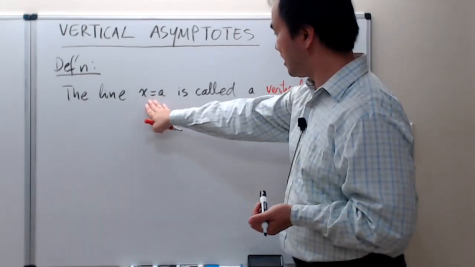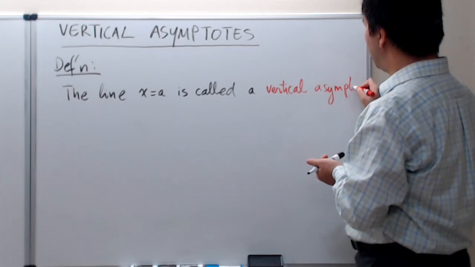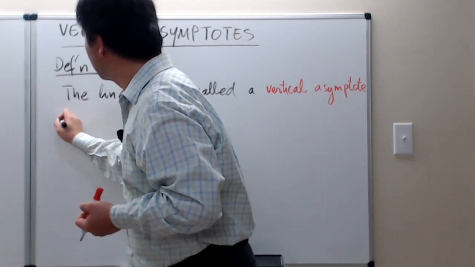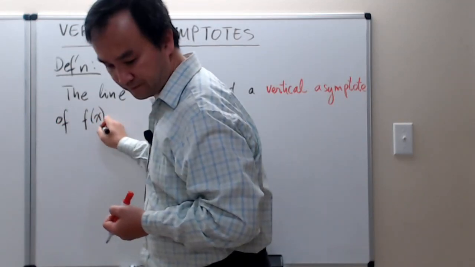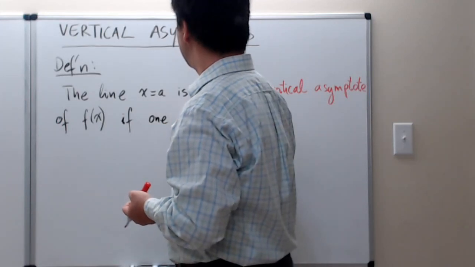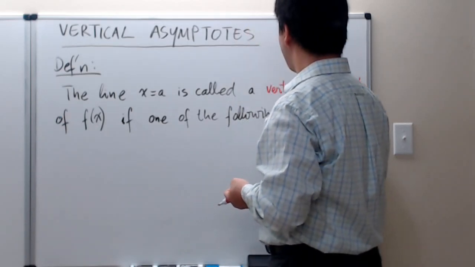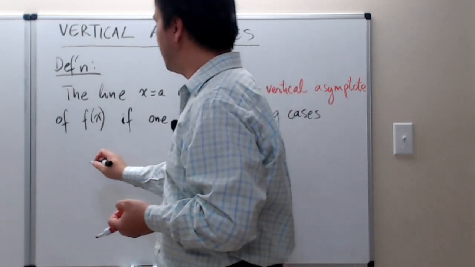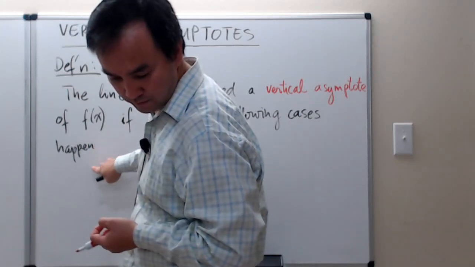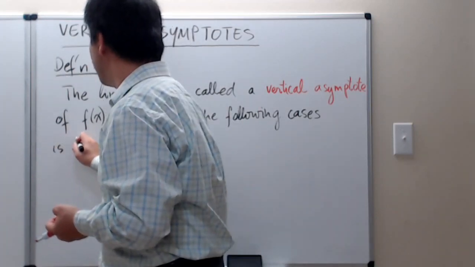The line x equals a is a vertical line, and that vertical line is called a vertical asymptote of the function f of x if one of the following cases is true.